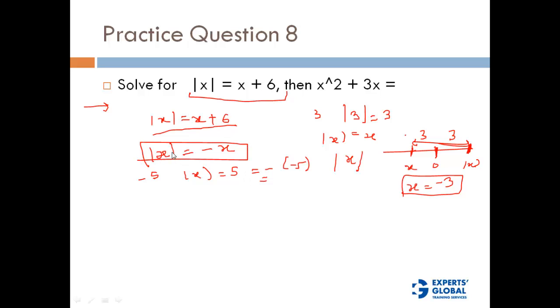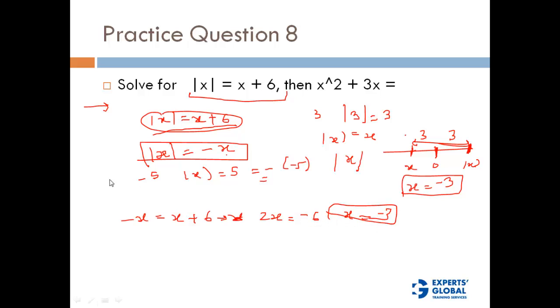So we'll substitute modulus of x is equal to minus x in this equation. When we do that, what do we get? Minus x is equal to x plus 6. So that means 2x is equal to minus 6. So x is equal to minus 3, correct? So either way you'll find out that x is equal to minus 3.